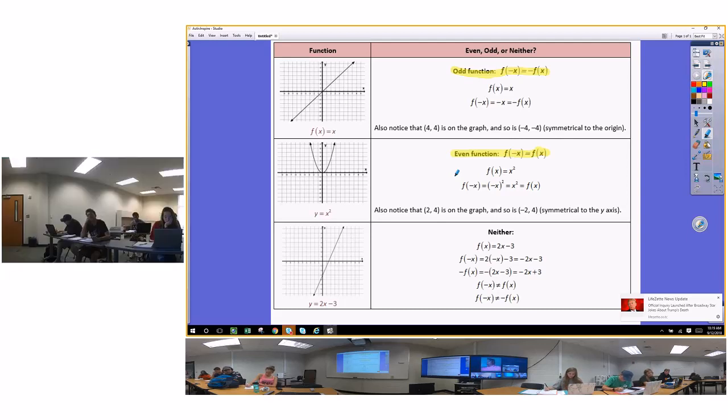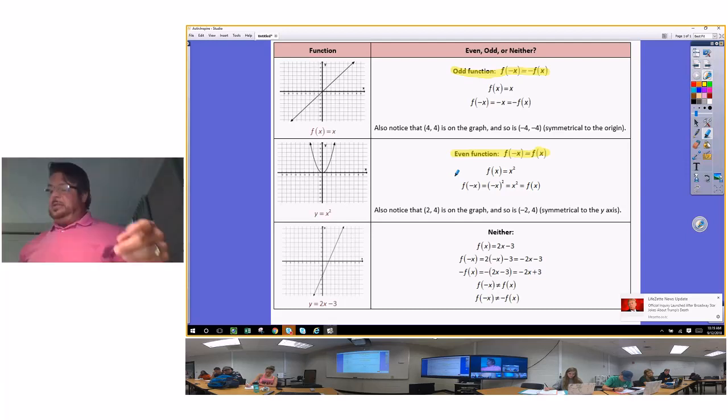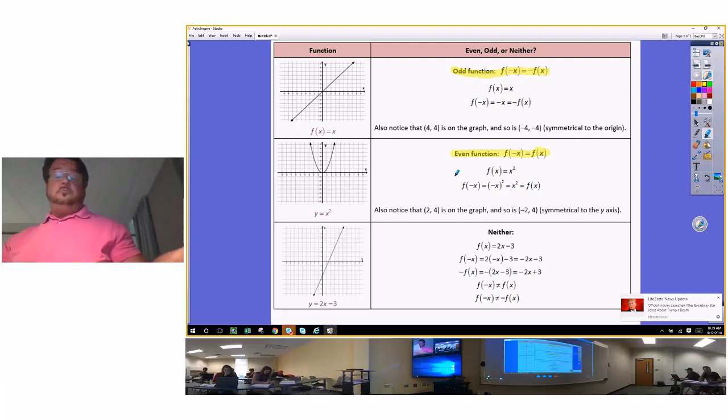Okay, so I'm going to write that down on this handy-dandy pad. Odd is f of negative x is equal to negative f of x. And even, I'll put it at the top.